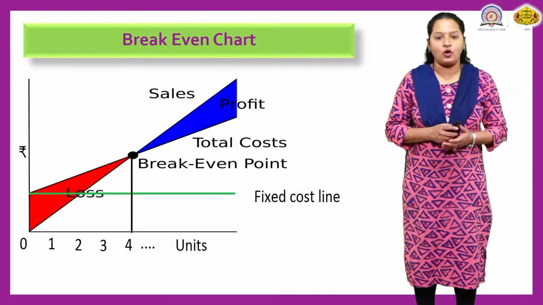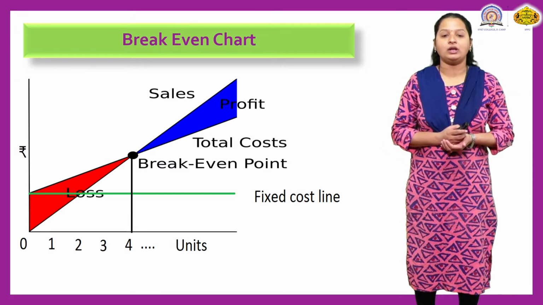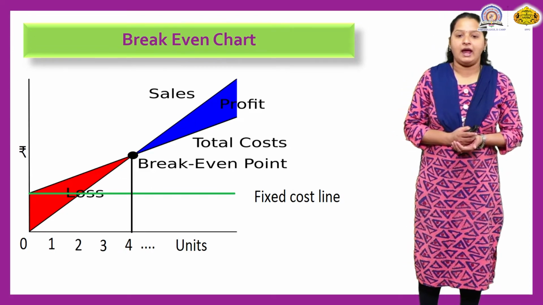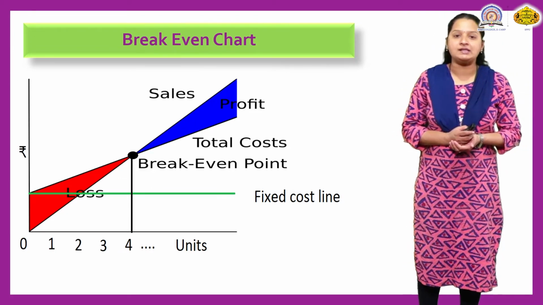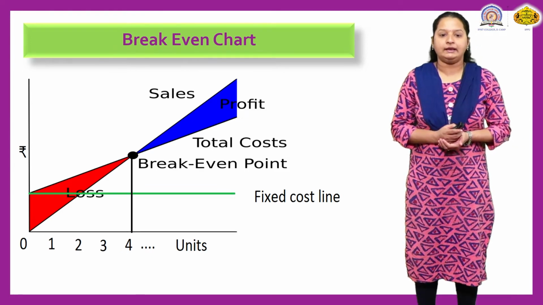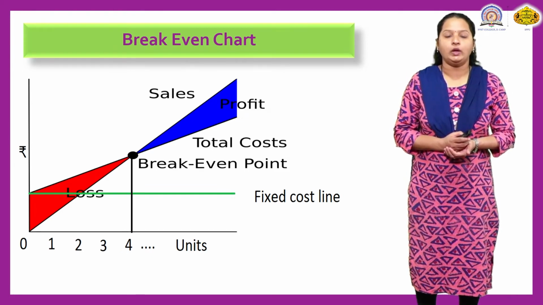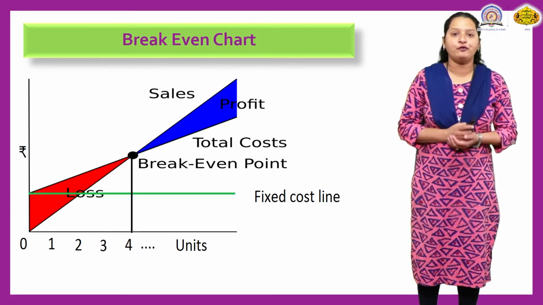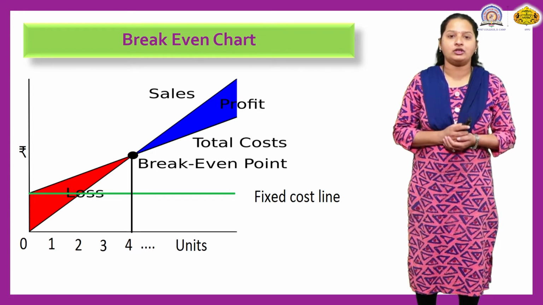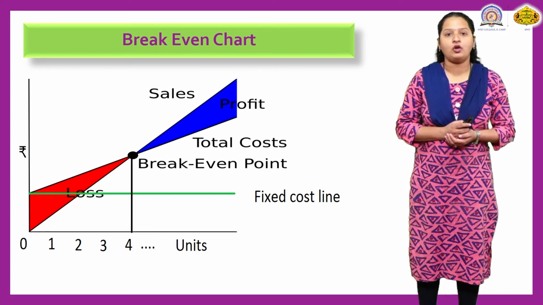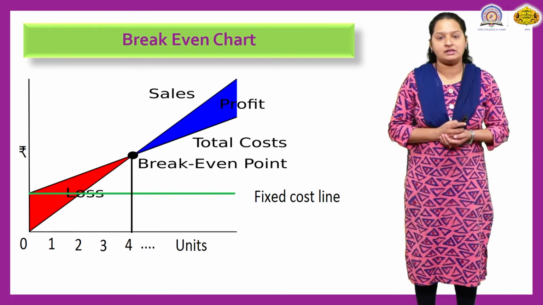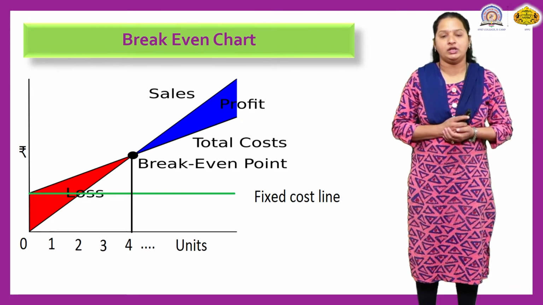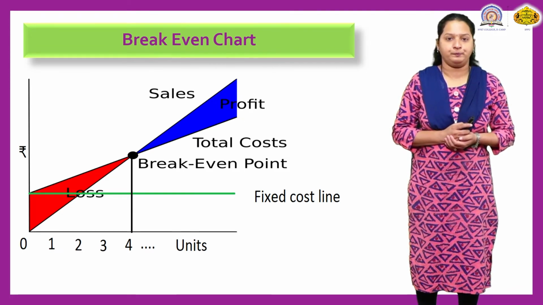Then there is a total cost line as well as a total sales line, where the total cost line and the sales line intersect each other. That point of activity is known as the break-even point. So, at unit 4, our total cost line intersects the total sales line, and that is known as our break-even units or break-even point.